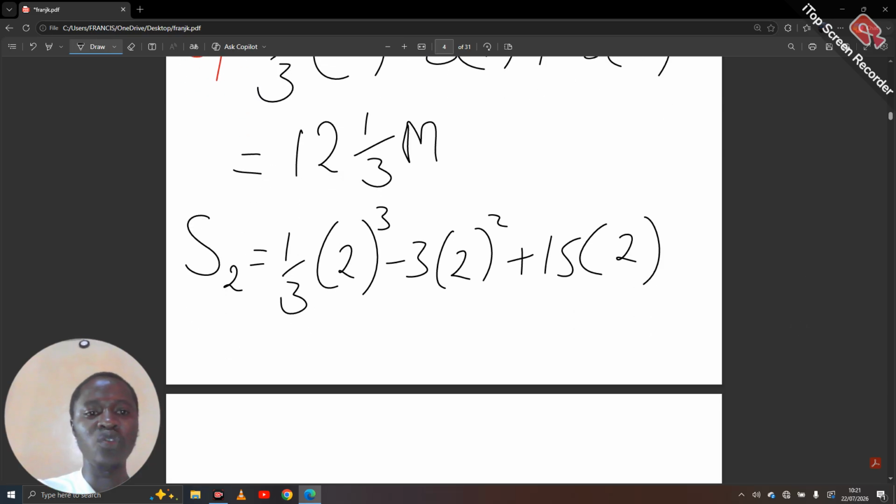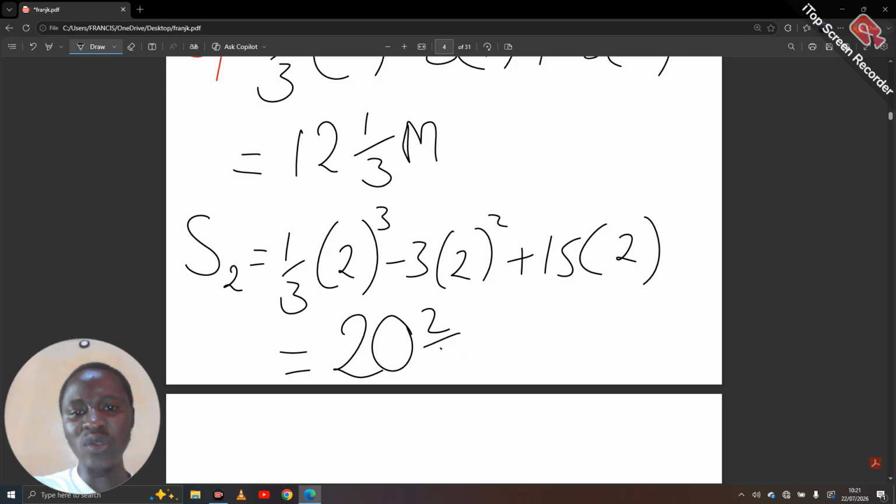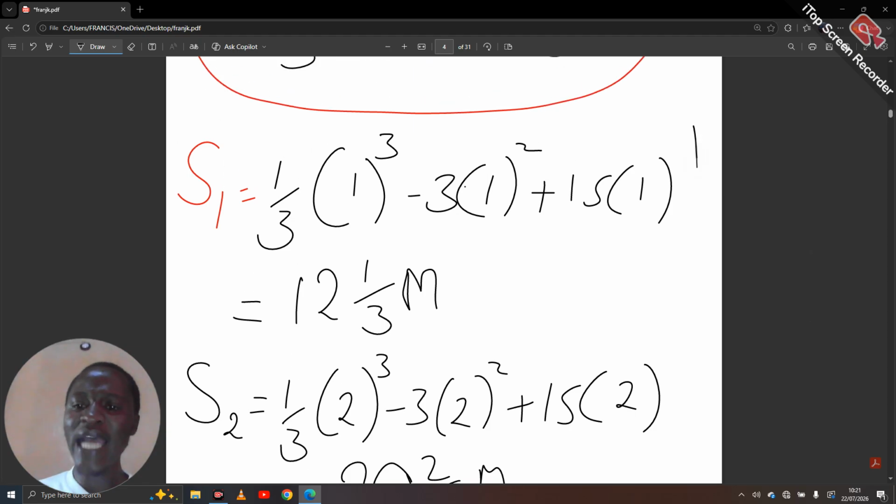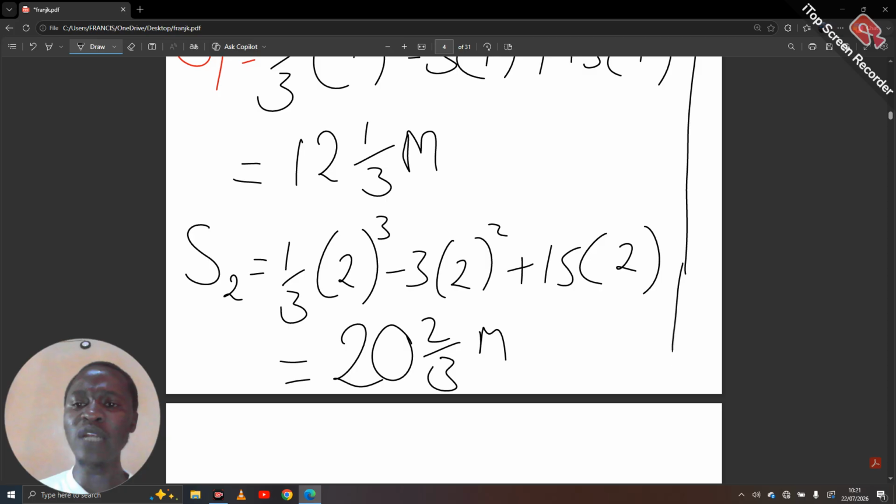Having this in my calculator, I will get 20 and 2/3 meters. 20 and 2/3 meters. Remember, this is the first part of displacement.